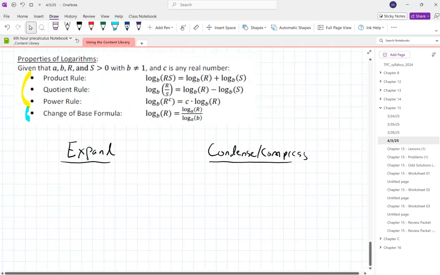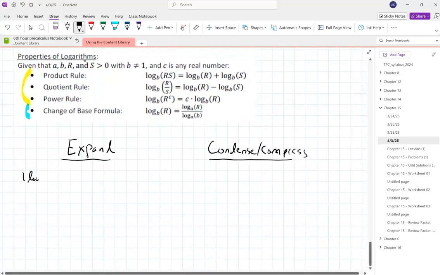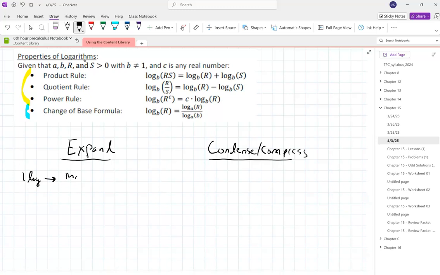So the idea with expanding is you're going to take one log and turn it into many logs. You're going to balloon it up. And condensing is you're going to take many logs and try to shrink them back down to a single log. And the tools you're going to use to do this are the product, quotient, and power properties.